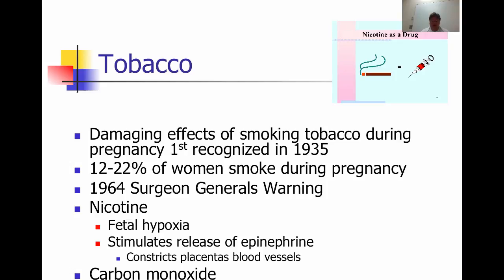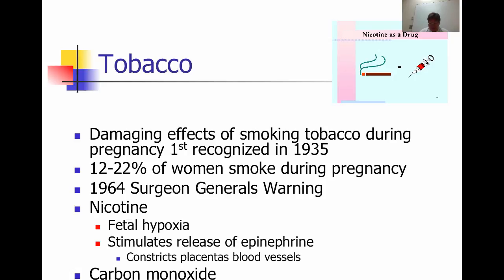And when we talk about the ingredients, there's over 2,500 different ingredients in tobacco and tobacco smoke. The ones we focus on most are the byproducts of tobacco smoke: carbon monoxide and nicotine. Nicotine contributes to fetal hypoxia by causing the adrenals to release epinephrine, a hormone capable of constricting the placenta's blood vessels.